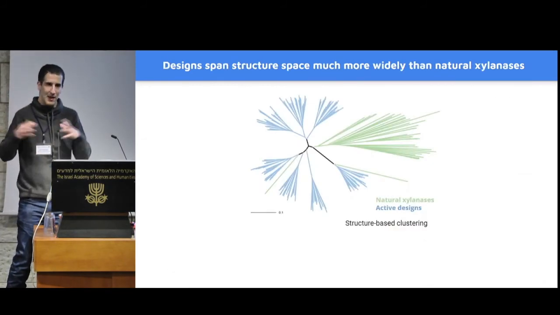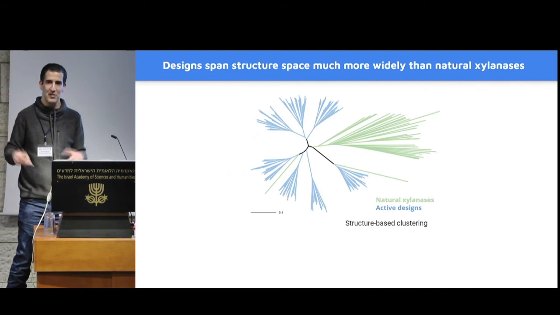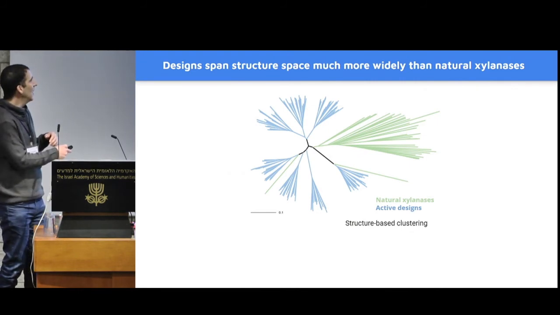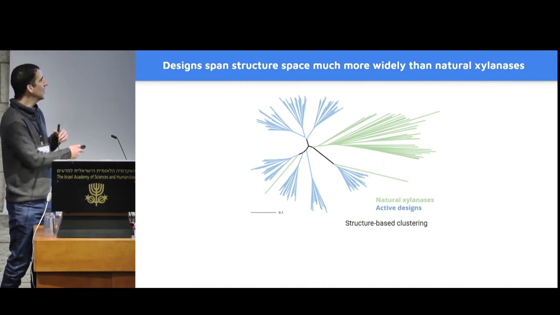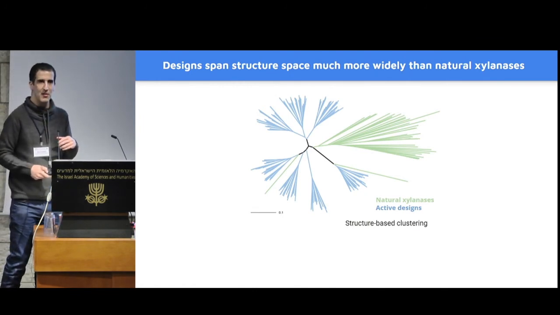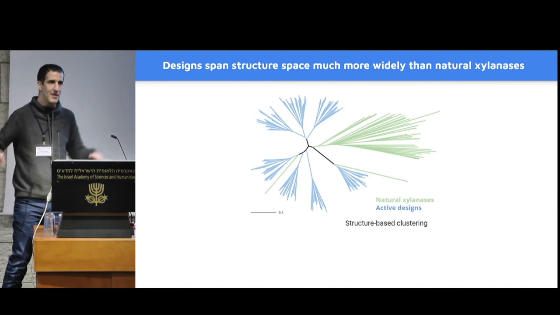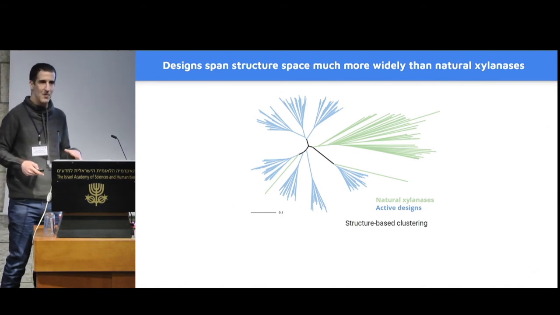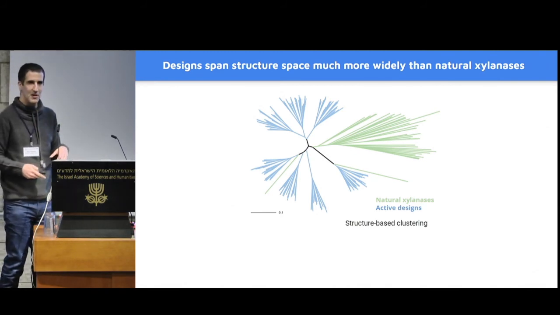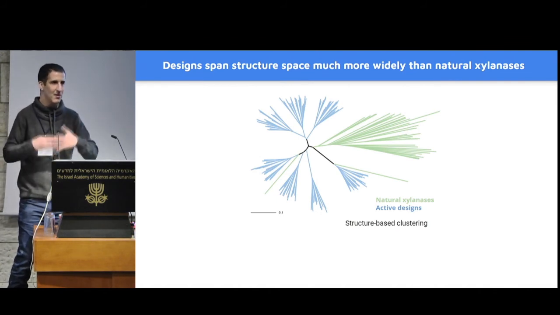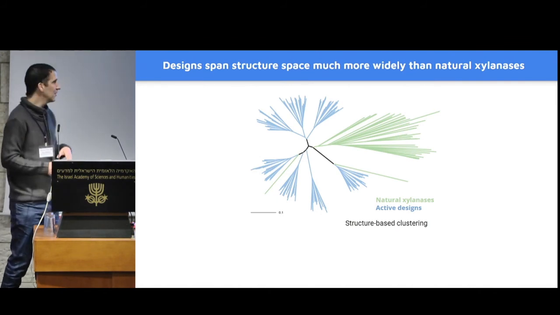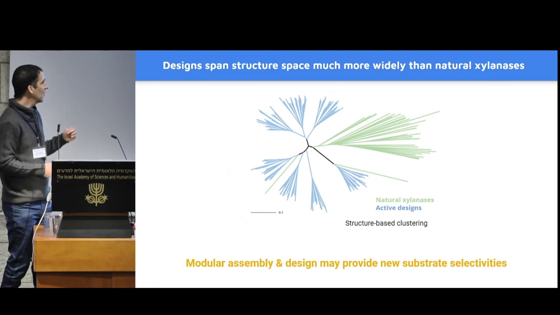In fact, if you cluster the structures according to structure clustering, these are the structures from the PDB. They form one clade within the structures that we designed. So we're essentially expanding the structure space for this family tremendously by using this strategy. And this is important because, again, structure diversity may encode functional diversity, as I'll show in just a few slides.